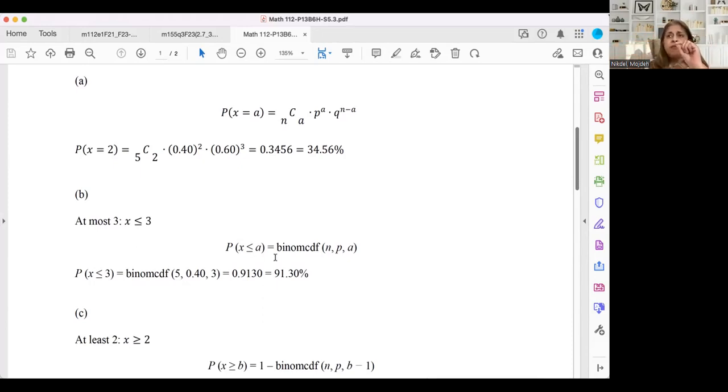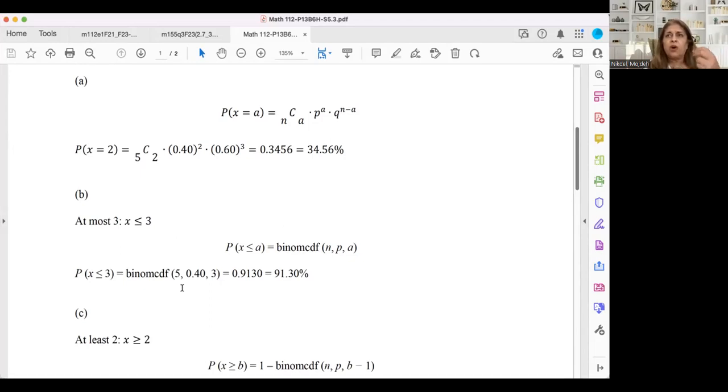Binomial CDF is used just by itself when you have at most, like part B, at most 3, probability of X less than or equal to 3. I use binomial CDF by itself because that's the function of binomial CDF.